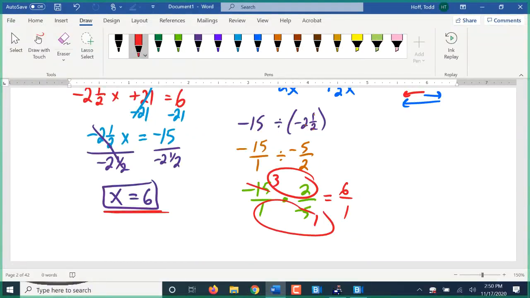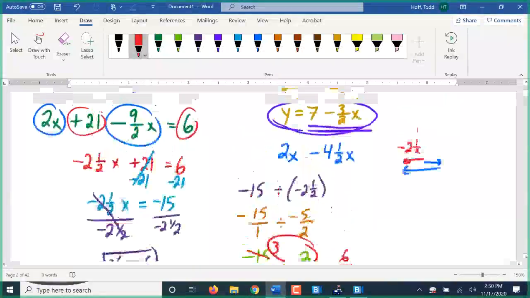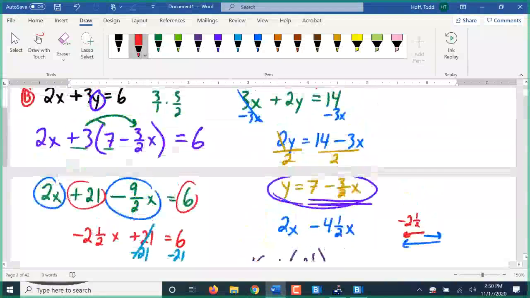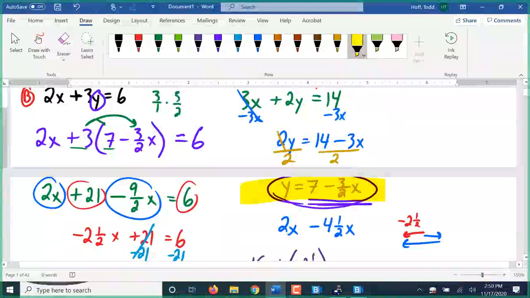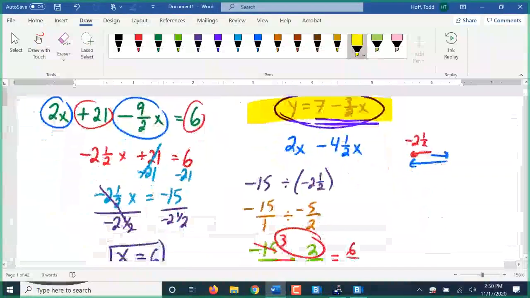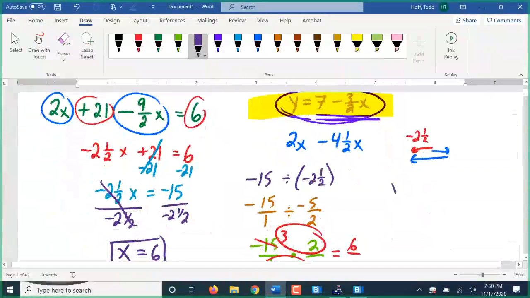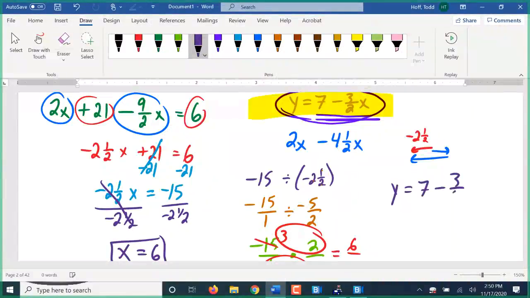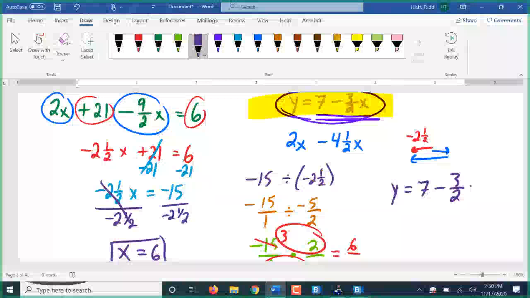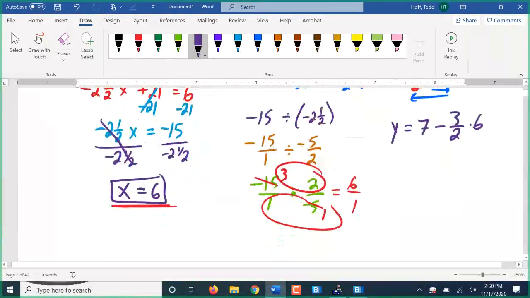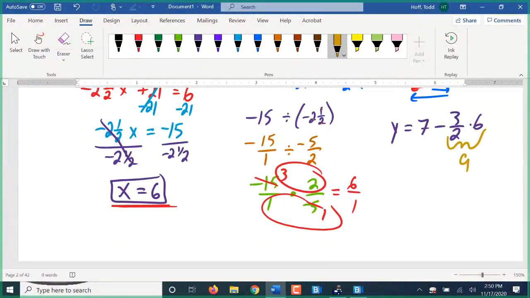Now we still need to find y. We have solved for y in this equation, so we just as well use it. We know that x equals 6, so y equals 7 minus 3 over 2 times, instead of x, we'll put in 6. 3 halves times 6 is 9.